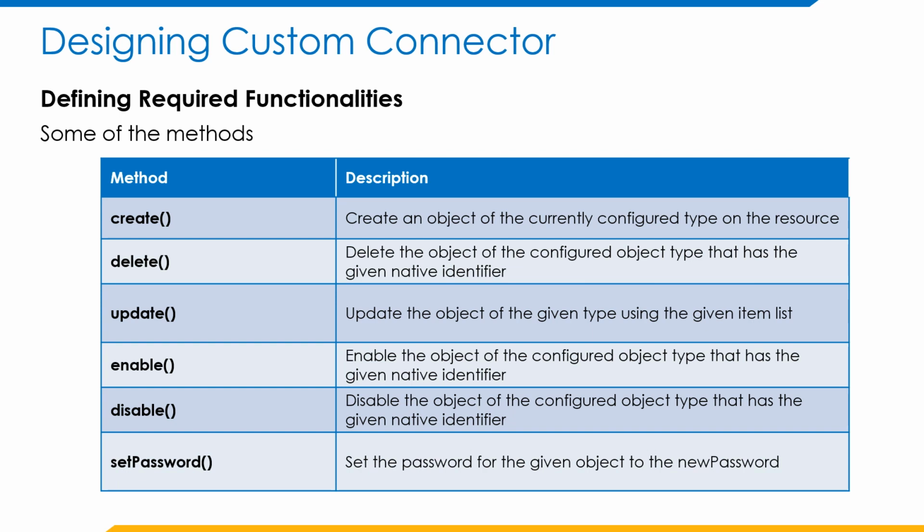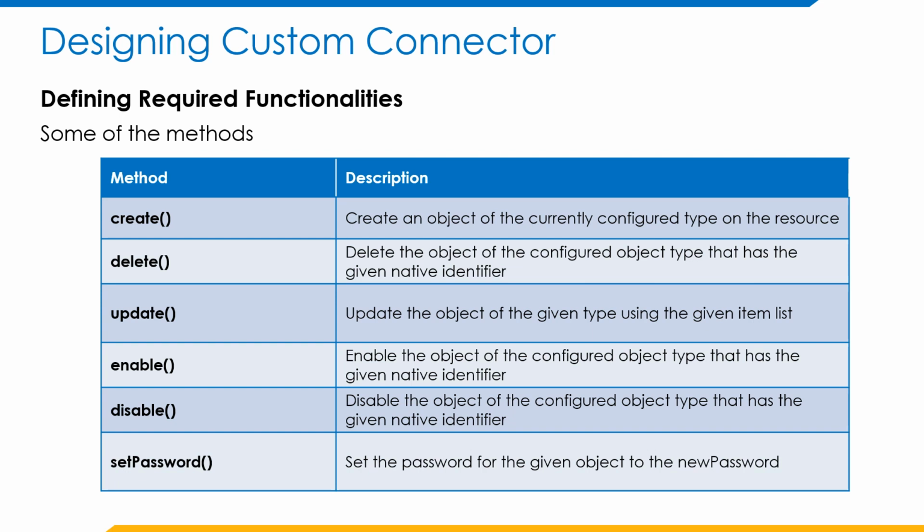Create. Should create an account or group in the application given a native identifier and a list of attribute values. Delete. Should delete the object from the application based on the native identifier. Update. Should update the values for the specified account or group matched by the native identifier.